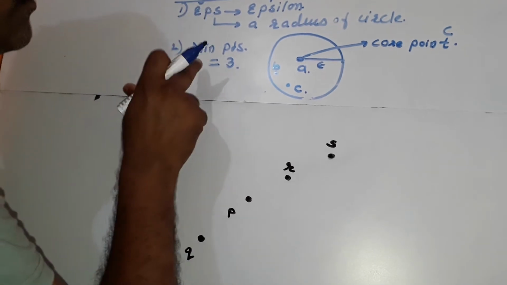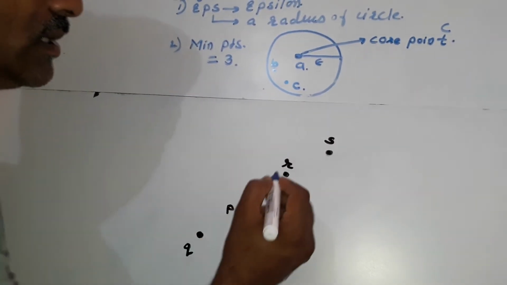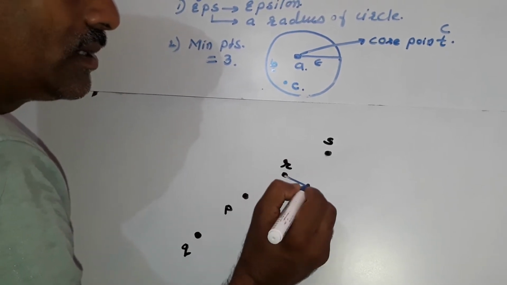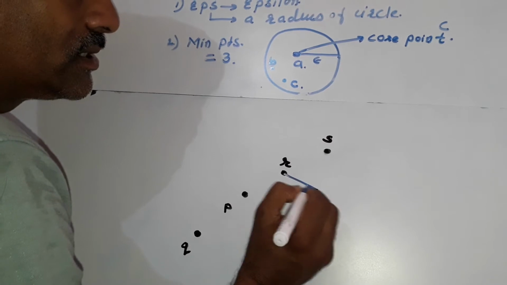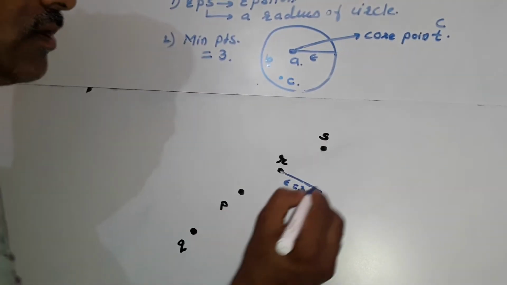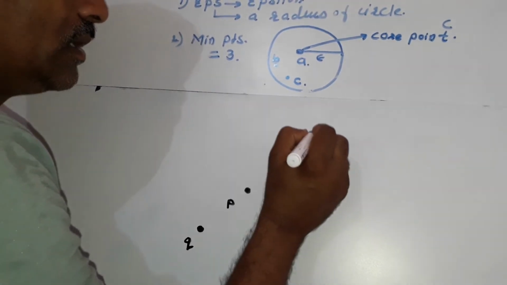the minimum points we have is the value 3. So by using this data point R and taking the epsilon value as 3, epsilon is equal to 3, we will draw a circle.